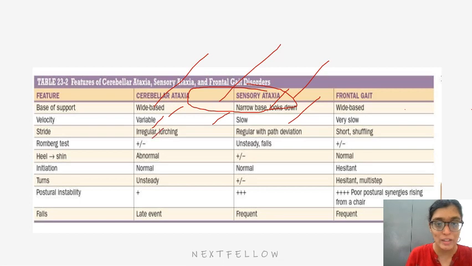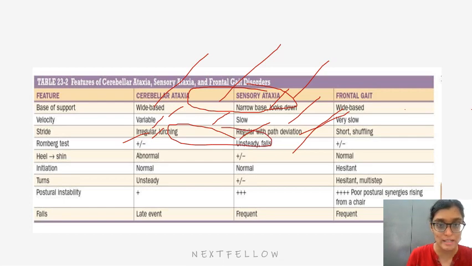Stride is irregular and lurching in cerebellar ataxia, regular with path deviation in sensory ataxia, and short and shuffling in frontal gait. Romberg sign may be positive or negative in case of cerebellar and frontal ataxia, but it is unsteady and false in case of sensory ataxia.